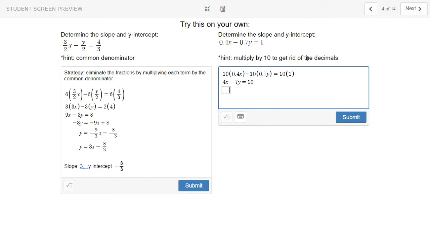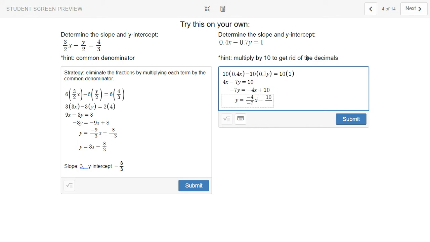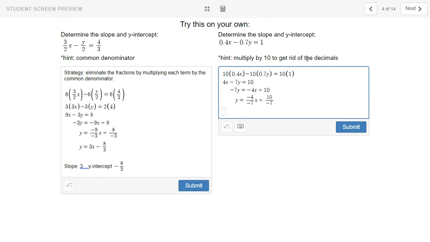Let's rearrange this: negative 7y is equal to negative 4x plus 10. And I'm going to divide everything by negative 7. Negative 4 divided by negative 7x plus 10 divided by negative 7.